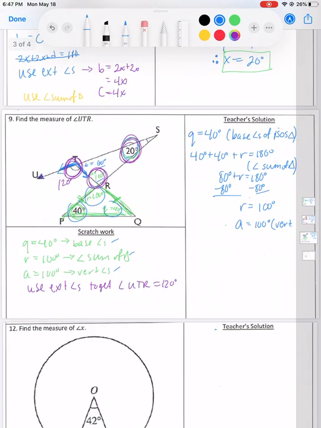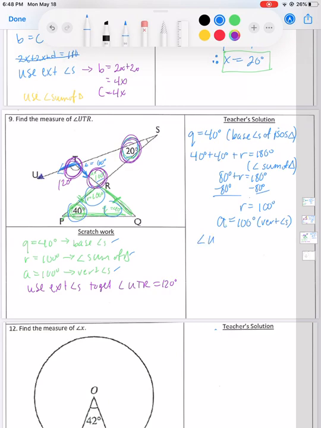I ran out of room there, so let me back up a little bit. From vertical angles. Okay, so A is 100. Now we're going to use external angles to get to UTR.